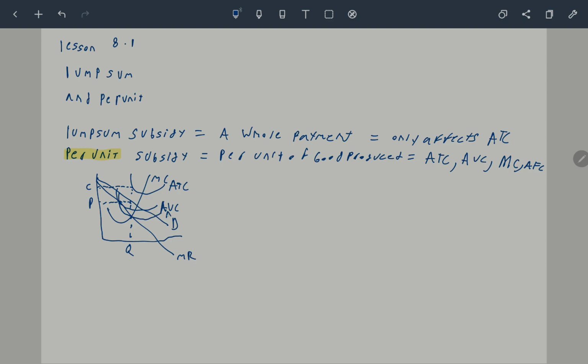Now what happens is this ATC will go down, ATC2. It's supposed to be here, not below it, and not on MR either. Oh my God, let me fix this. It's a little mistake.